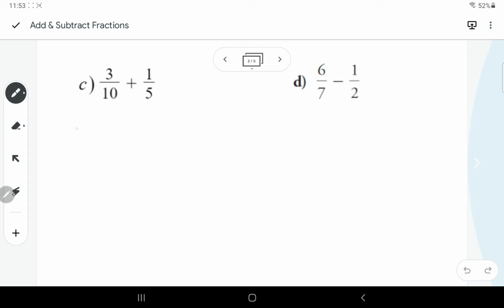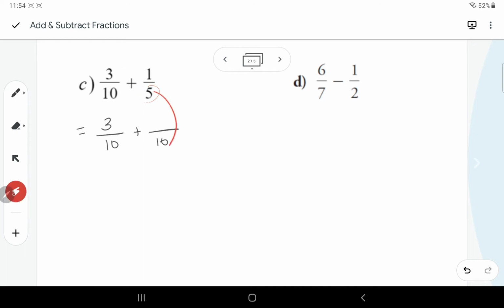Okay, so for C, again looking at the denominators, I've got a 10 and a 5. So, what's the common denominator? Both of those numbers can divide into 10. I didn't have to change that one, so I don't have to change the top. It's still going to stay as 3 over 10.